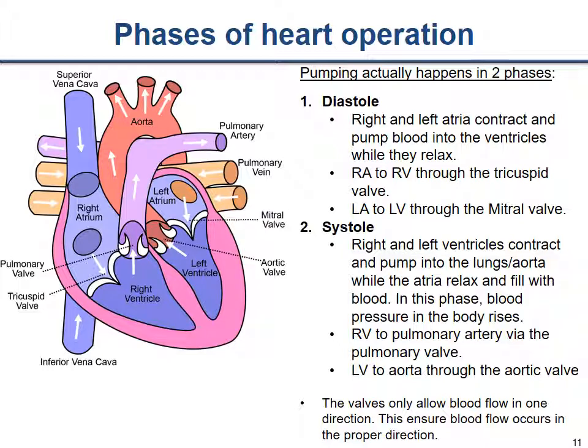Now, separating the right atrium from the right ventricle and the right ventricle from the pulmonary artery, and similarly for the left side of the heart, are valves. Just like in a plumbing system, these are one-way valves to make sure that blood is flowing in the correct direction.